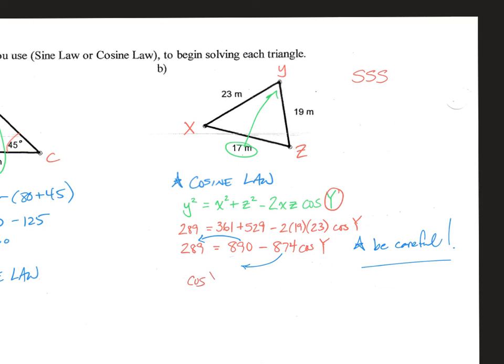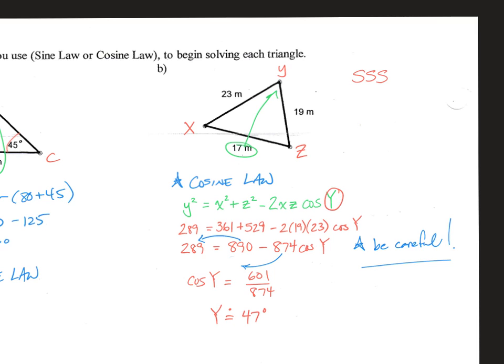That's going to get me to a cos of y being equal to 601 over 874. And we can then take the inverse cos and we can come in on a value of approximately 47 degrees. After you have angle y, we should be good to finish it off, and you should be fine to go.